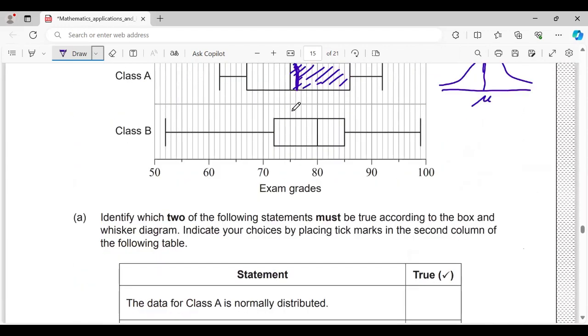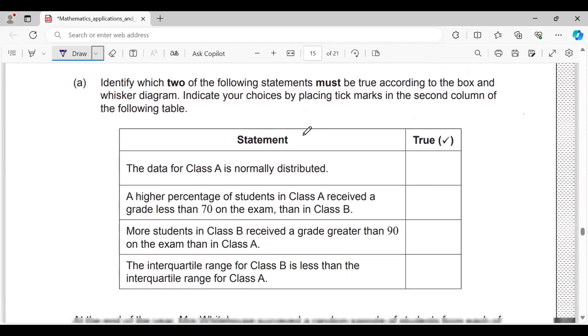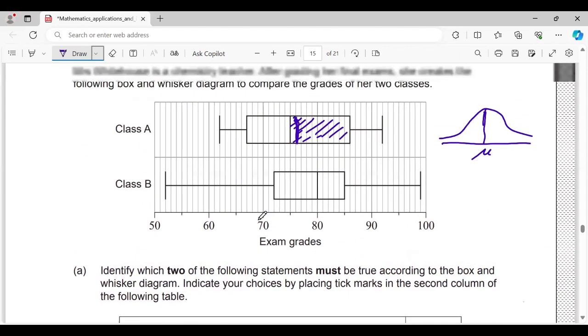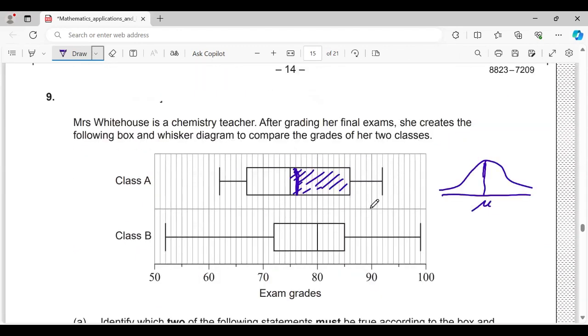If you look at this, this 70 is correct. More students in class B receive a grade greater than 90 on the exam than in class A. Greater than 90, rather than class B. No.